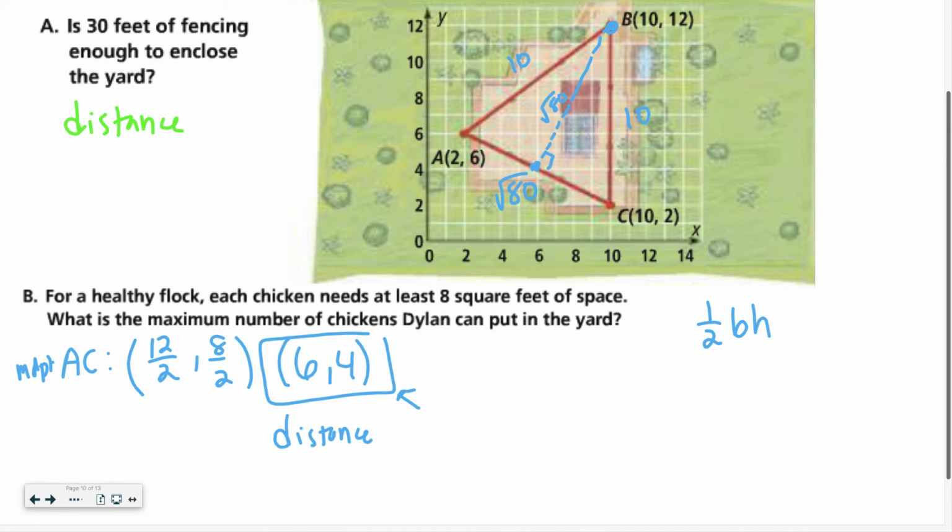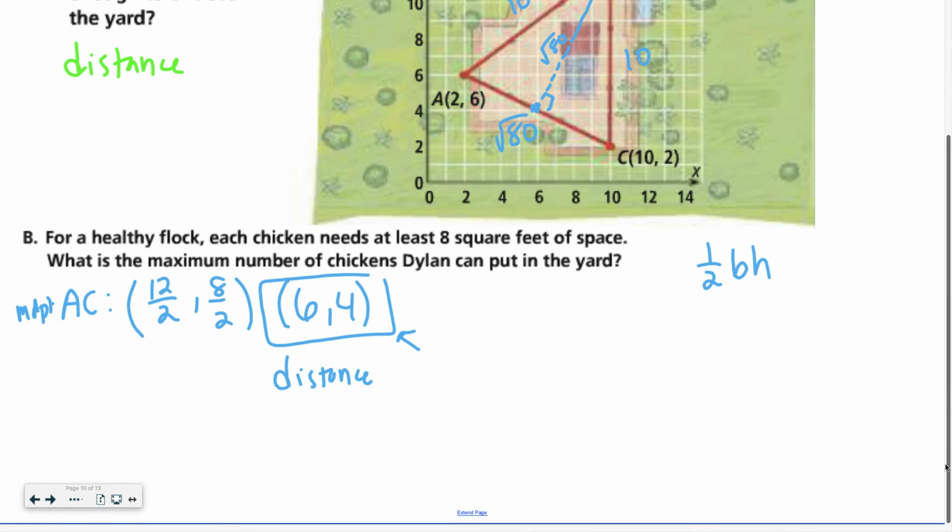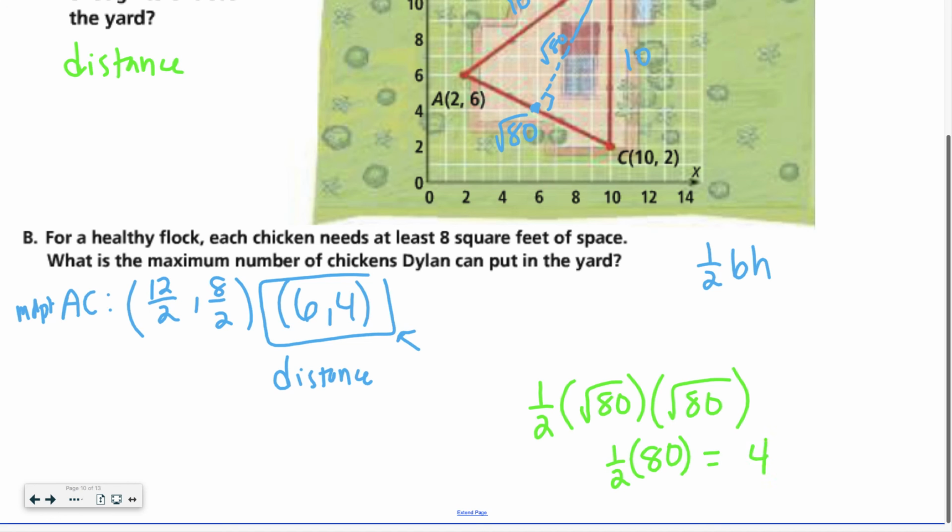So then I would do 1/2 times the base, which is square root of 80, times the height, which is square root of 80, and that gives me my area. So the square root of 80 times square root of 80 just becomes 80, and I'm multiplying that by 1/2, and I get 40 yards squared.